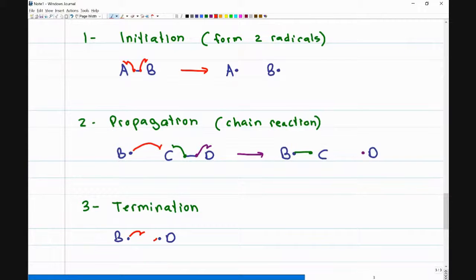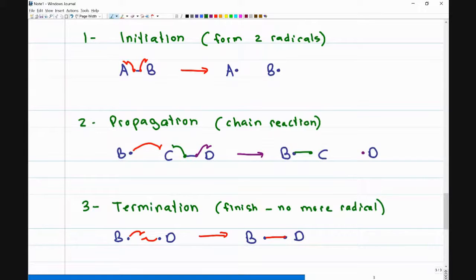So we have a fishhook here, a fishhook here. So that's two lone electrons coming together to form a bond, and the radical is gone. The termination step is the finish step. It's not finishing a reaction, it's finishing off the radical. No more radical. That's key to recognizing for later.